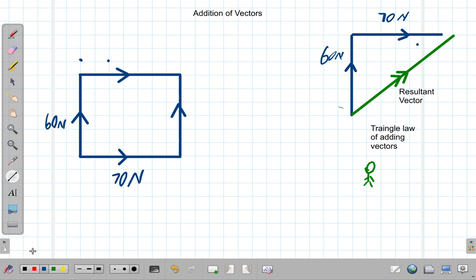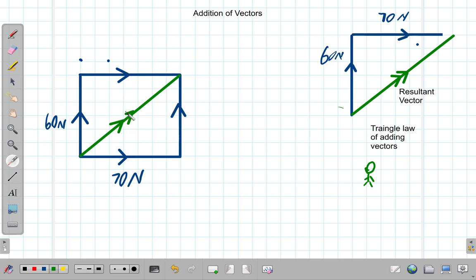So this now is your diagonal. That is your diagonal. Notice what happened now. This diagonal is the same as this.